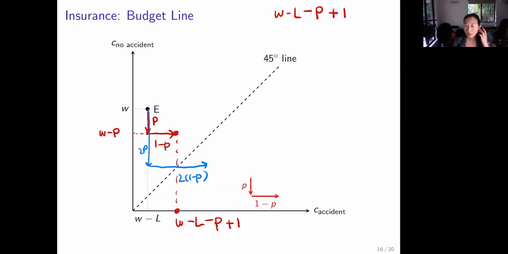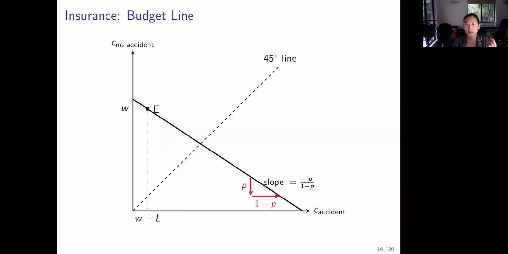Okay, so now you understand the slope of the budget line. So we know that the slope of the budget line in the case of insurance purchase is p divided by 1 minus p. That's a slope, negative, of course, right? That's the point E, any point, depending on how many units of insurance you buy.